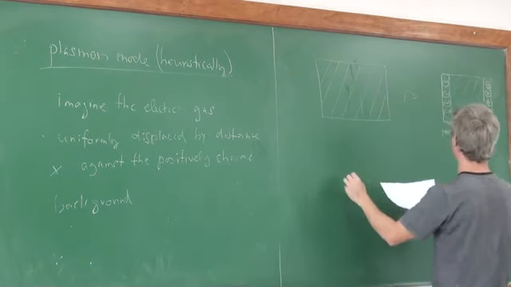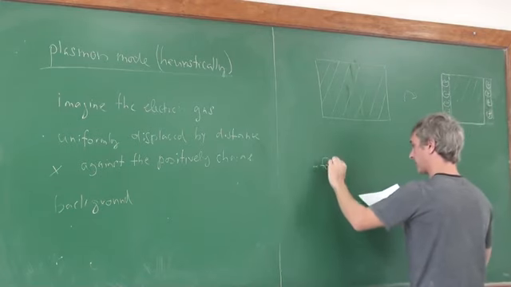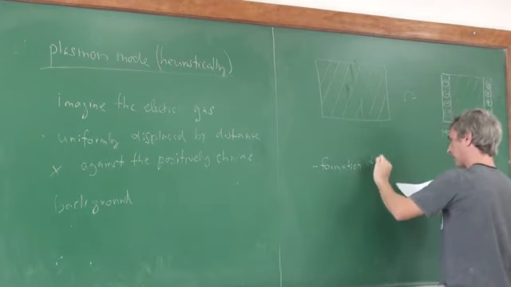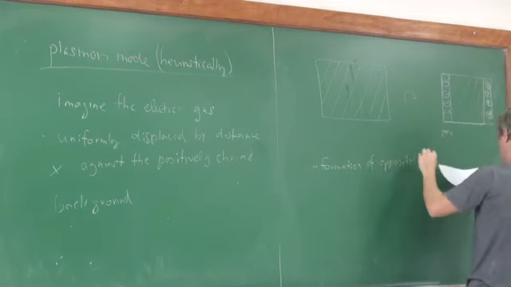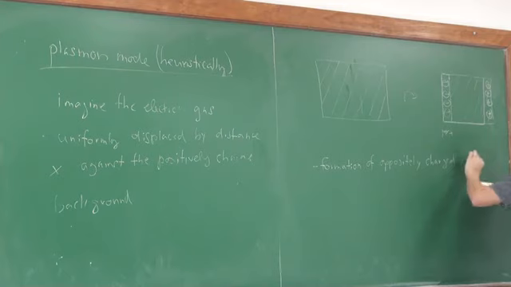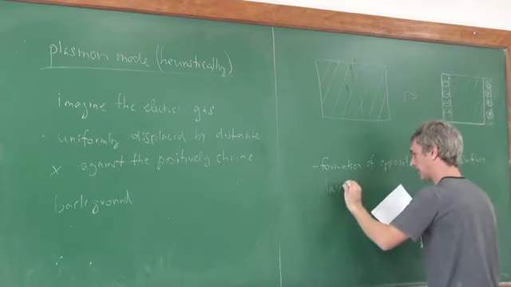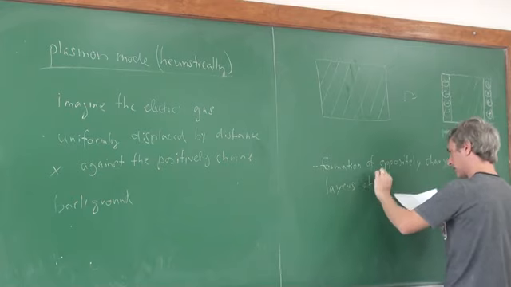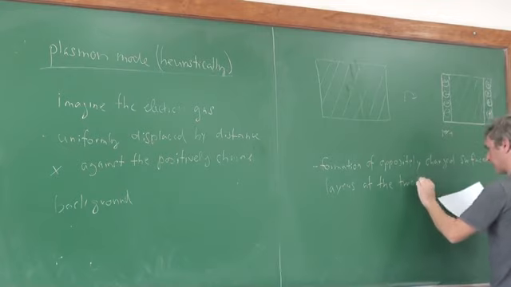So what happens there is the formation of oppositely charged surface layers, the negative and the positive ends of the system.